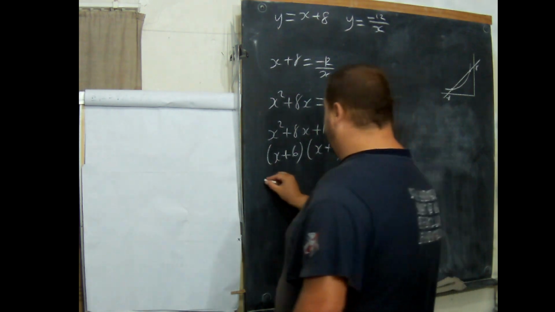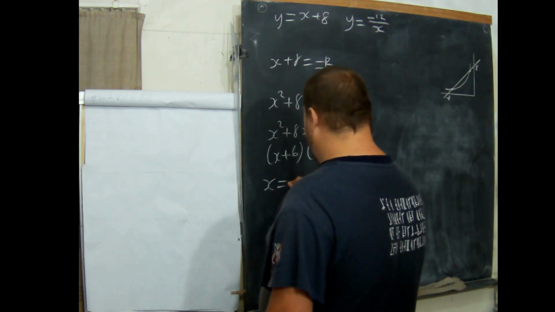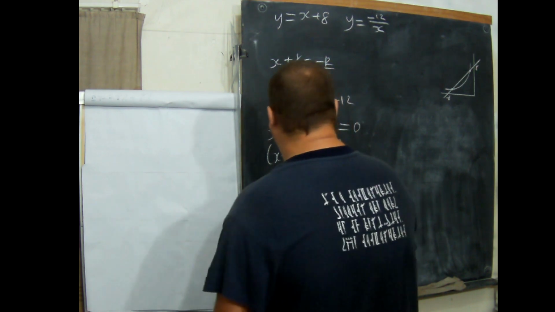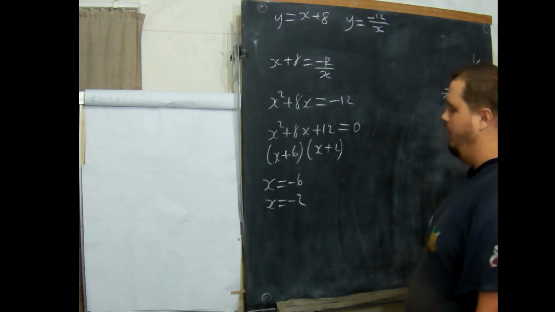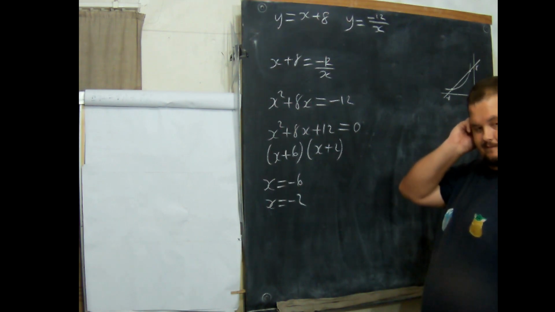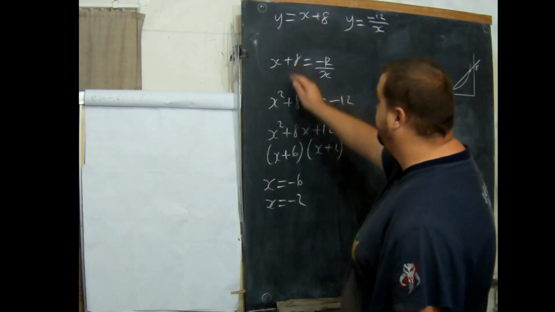So x equals minus 6 and x equals minus 2. Now we put this back into one of the original equations. It's easier with the x plus 8.